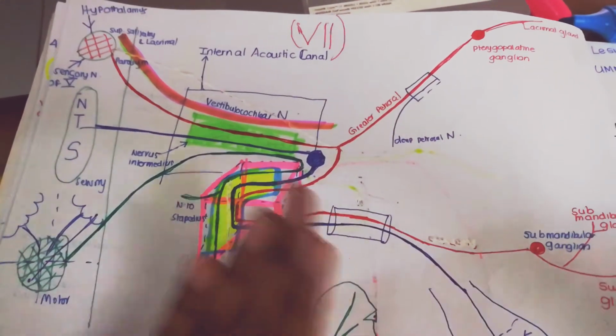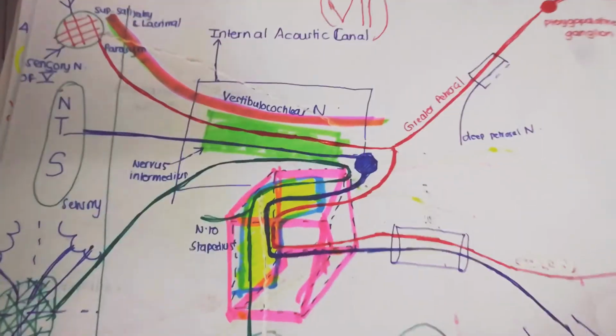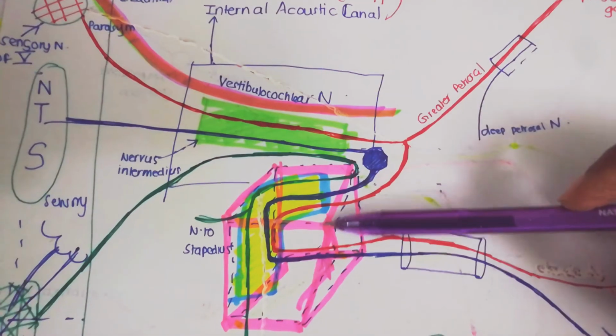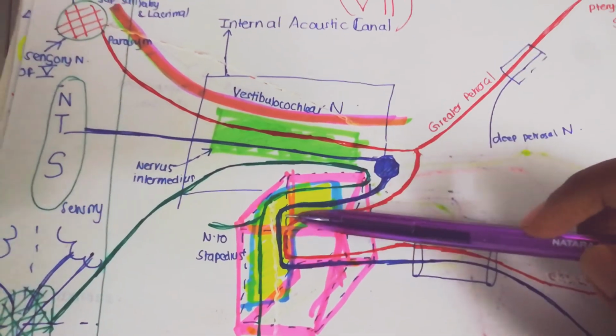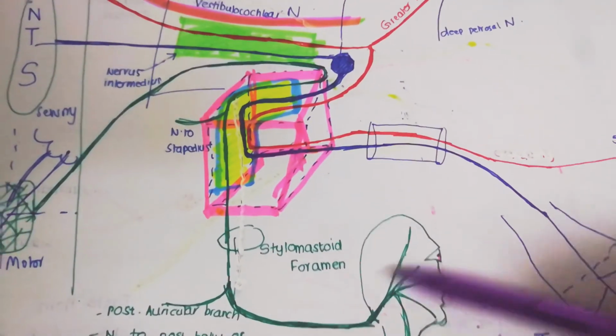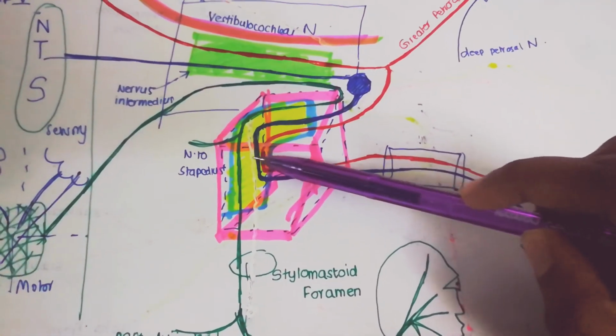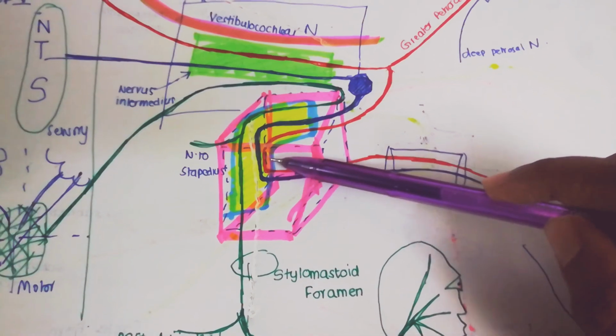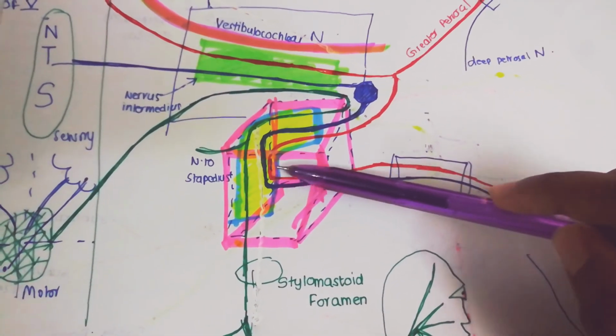So remember, if your nerve gets damaged here, before it gives all these branches, it will affect the nerve to stapedius. It will affect all the motor functions. It will also affect your taste sensation and your parasympathetic supply, so you cannot salivate.